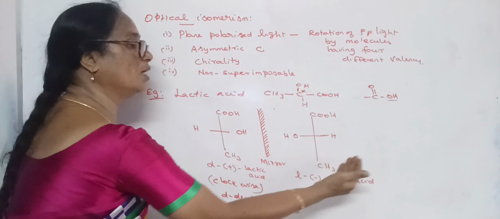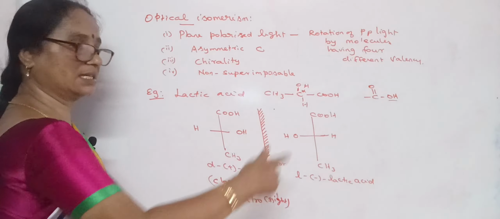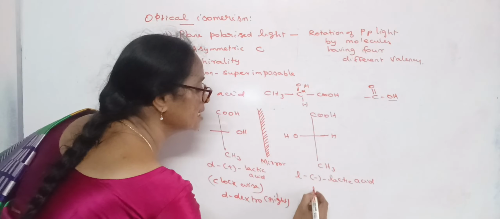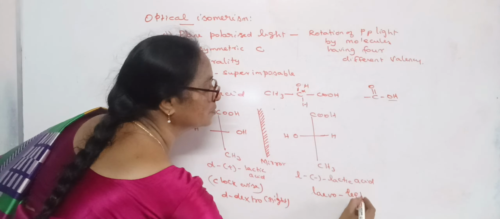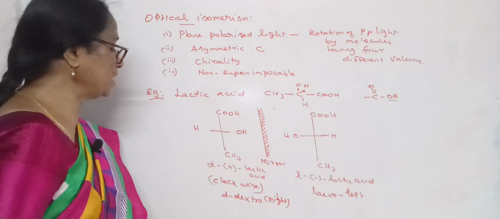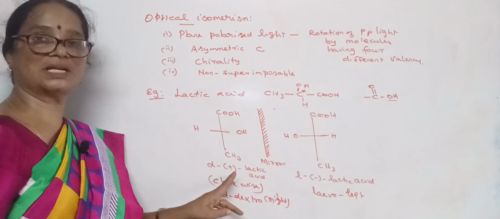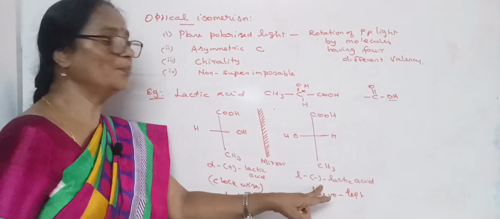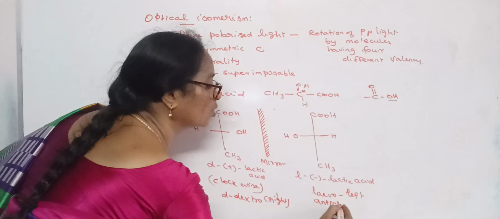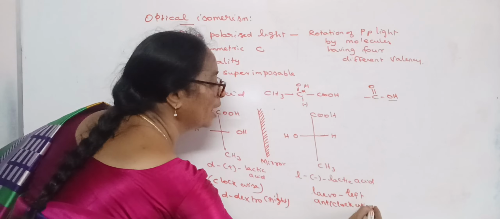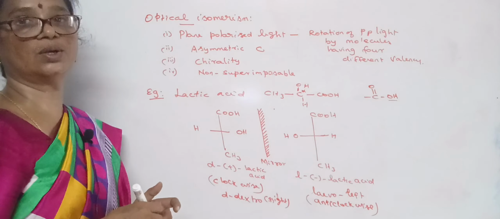So, when this molecule rotates in the opposite direction, that is anti-clockwise, that is said to be levo rotation. Levo means left. So, you can represent dextro as plus, or levo as minus. So, the minus isomer is due to anti-clockwise rotation of plane polarized light by the molecule.